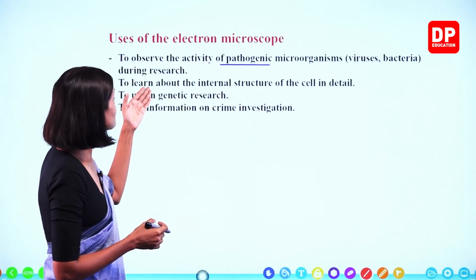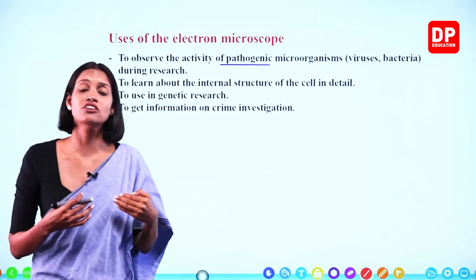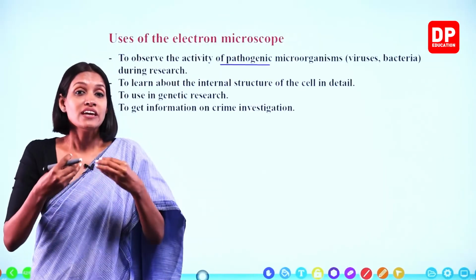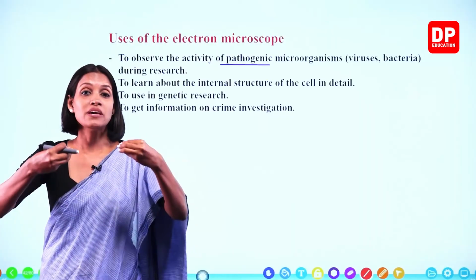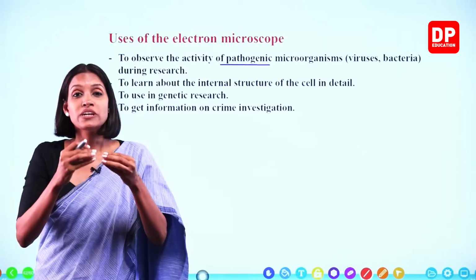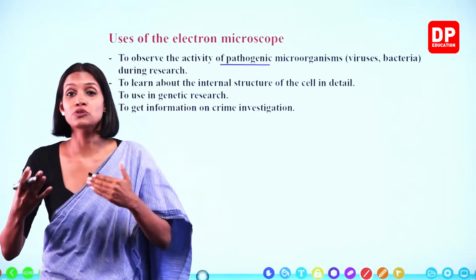To use in genetic research. So genetic research, you must have heard of DNA, genes, right? Children get their specific characteristics from their parents through the DNA, right? That's why sometimes we say, you look like your mother, you look like your father.